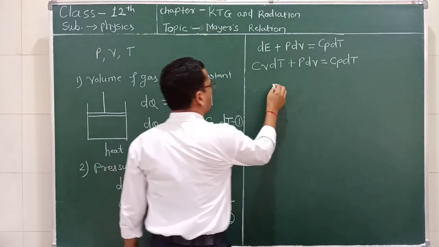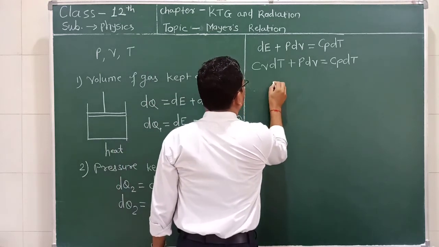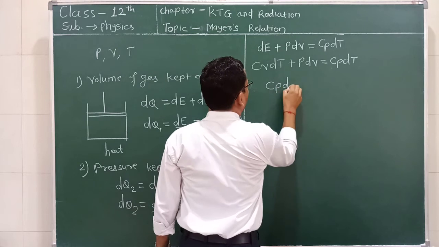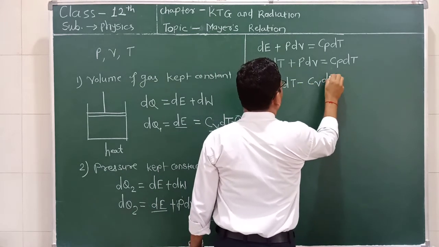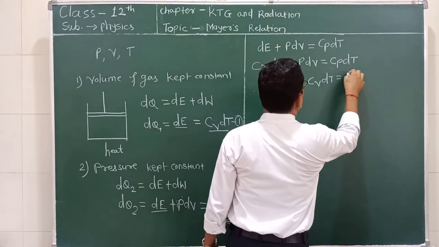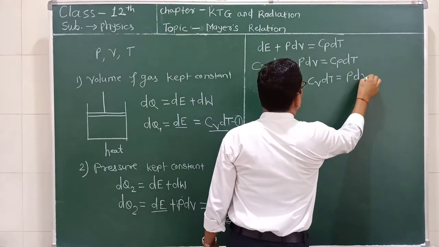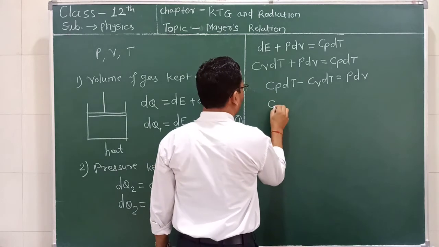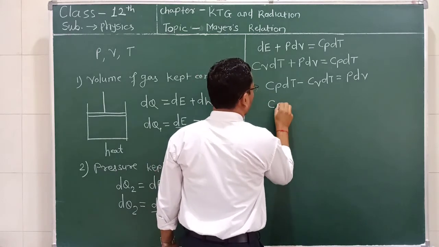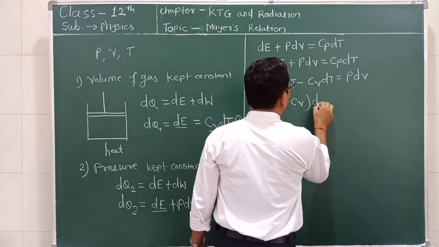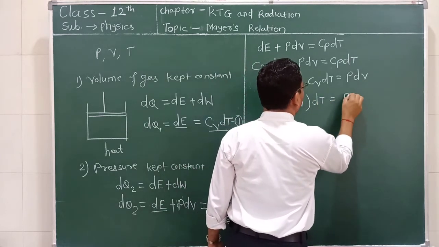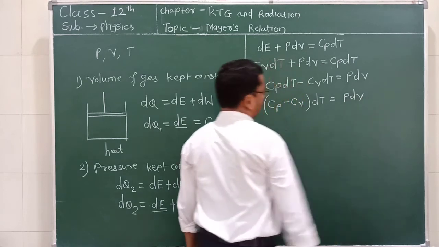So we can write Cp dt minus Cv dt is equal to P into dV. Here we can take dt common, so it is Cp minus Cv multiplied by dt is equal to P multiplied by dV.